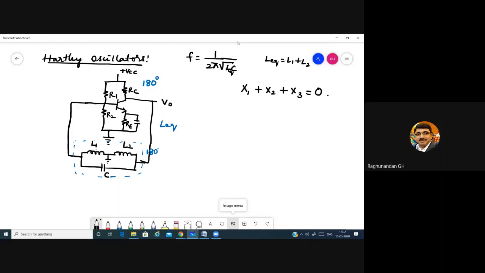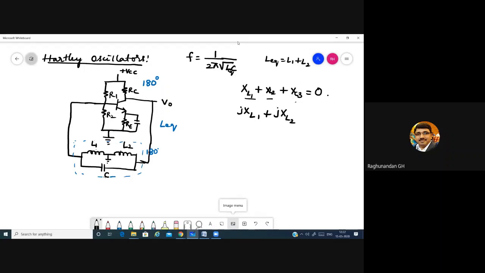Here we take XL1, XL2, XC3: XL1 and XL2 are the two inductors, and XC3 is the capacitor reactance. XL1 is expressed as jXL1, and this one is jXL2.